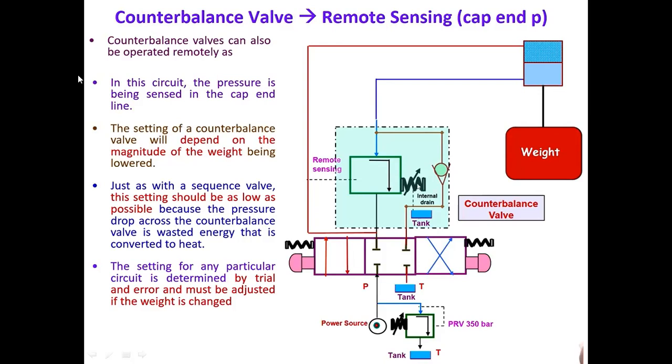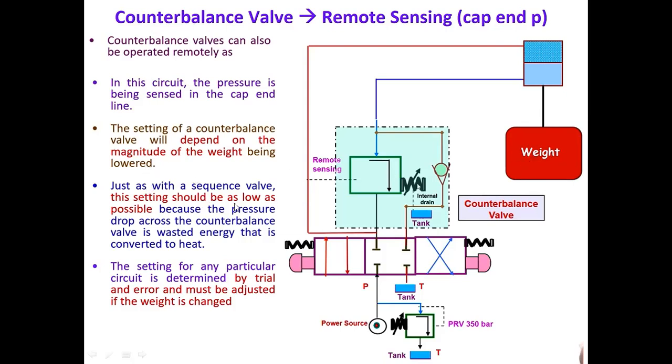Counterbalance valve, remote sensing. The counterbalance valve can also be opened remotely, as in this circuit, the pressure is being sensed in the cap end line. The setting of the counterbalance valve depends on the magnitude of the weight, meaning the weight of this body being lowered.